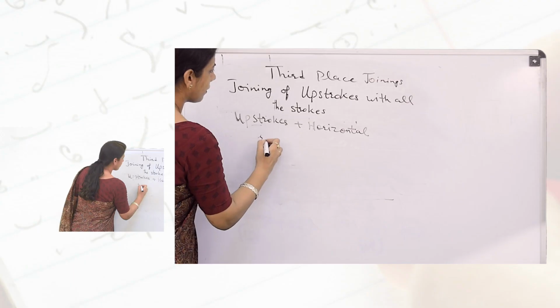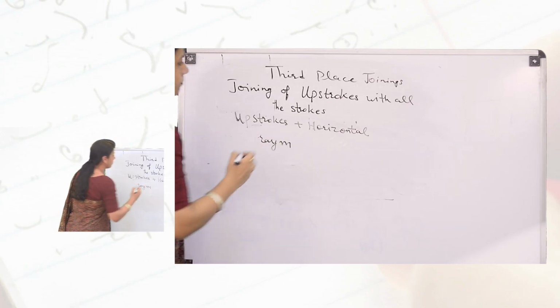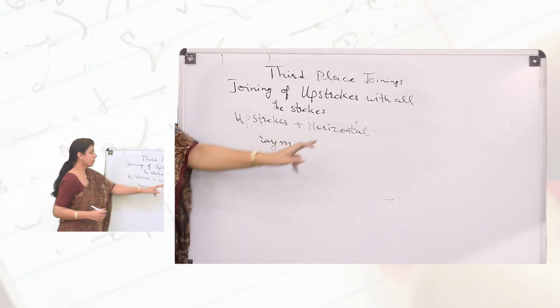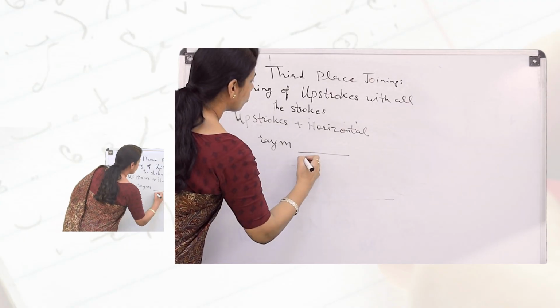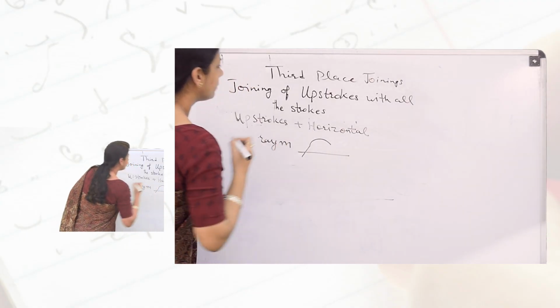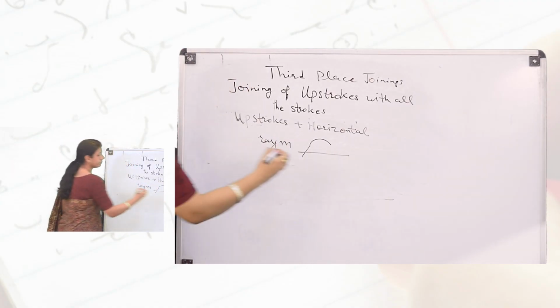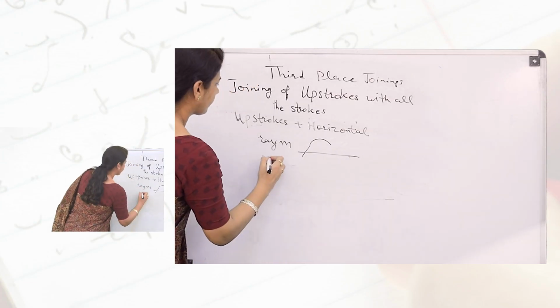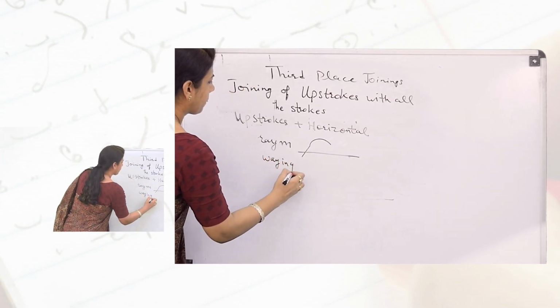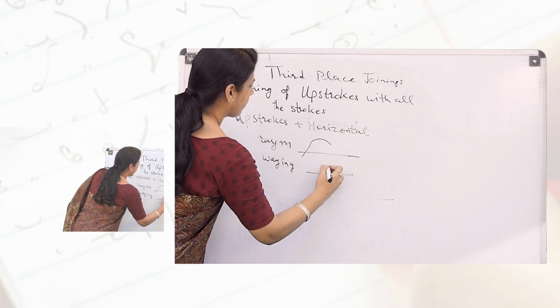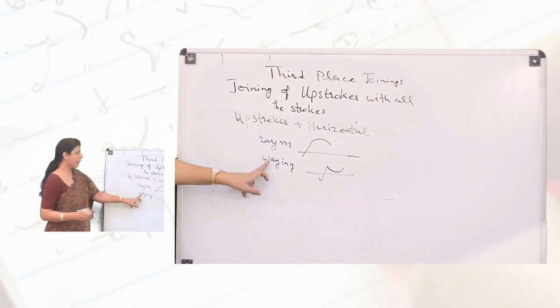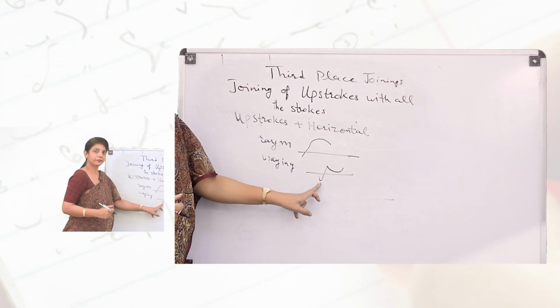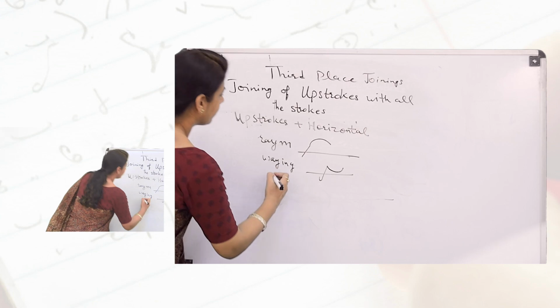Upstroke is ray and M. So upstroke plus horizontal, ray through the line and then M. Next is way and ing. So way through the line and then followed by ing.